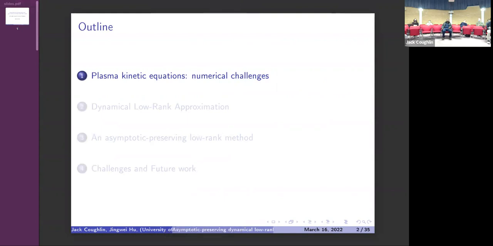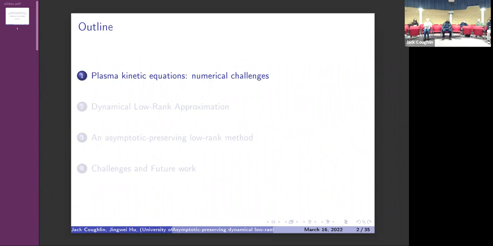All right, so first I'm going to be talking about just an intro to kinetic equations of plasmas. I'm not sure how many of you here are attending the kinetic workshop versus the others, but I'll discuss the master equation a little bit, and then some numerical challenges associated with solving it computationally.